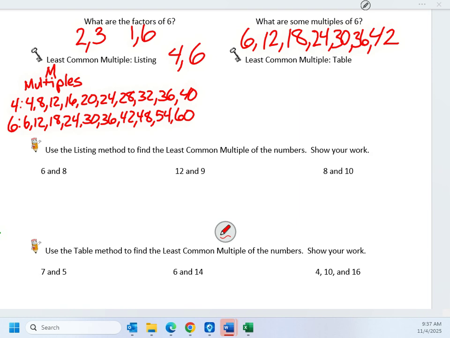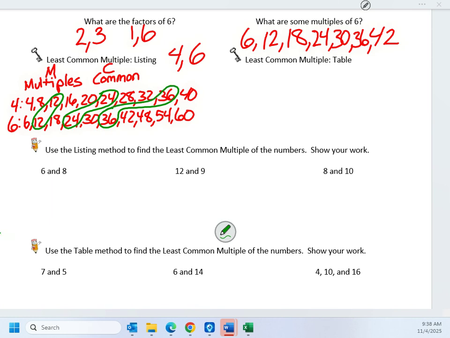So our first step is that M, listing our multiples. The second step is the C, finding the ones that we have in common. So what numbers are listed in both? I see they share 12. They share 24. They share that 36.